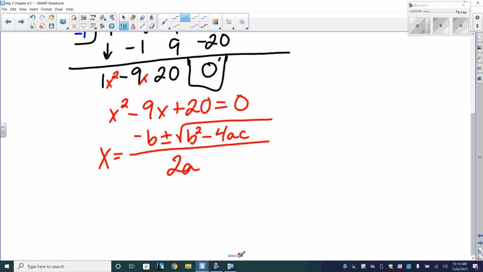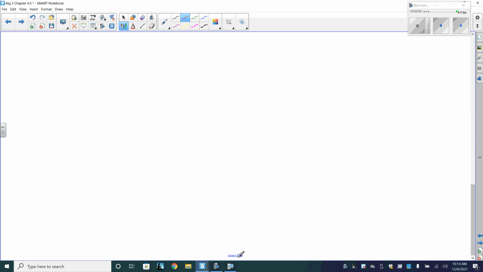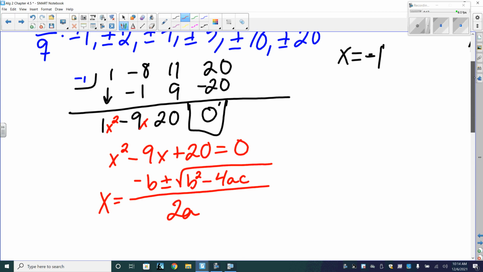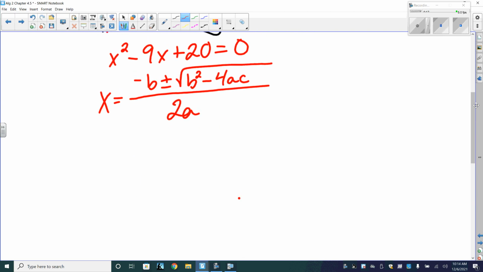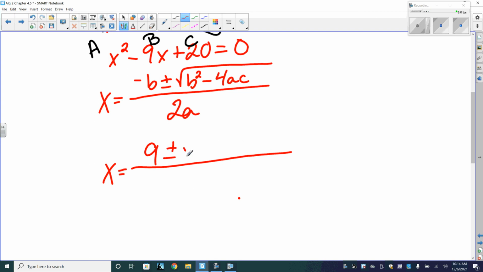I'm going to extend the page just a little bit. Probably won't need that much. So the number in front of x squared is our a, the number in front of x is b, and the constant term is c. So here the value of b is -9.